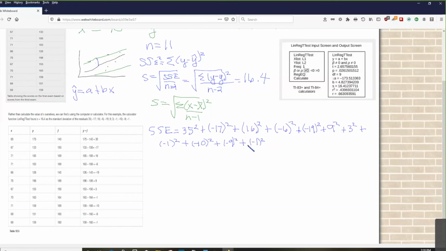So then when I square all of those and add them up, that's going to give me a sum of squared errors equal to 2440. We've already established that my n is going to equal 11. So to get my standard deviation, I'm going to take the square root of 2440 divided by 11 minus 2.